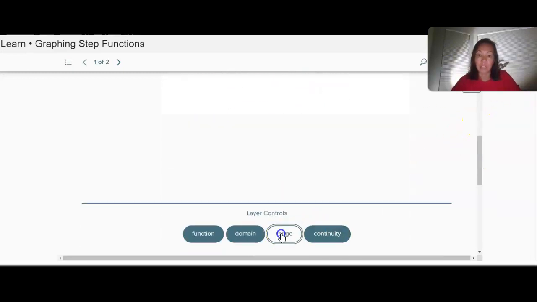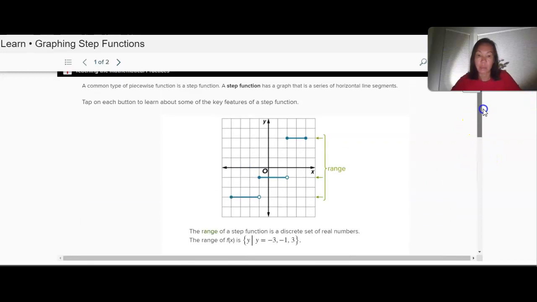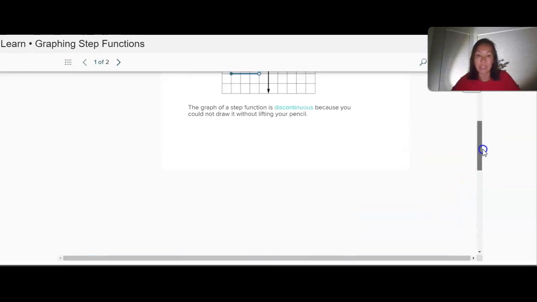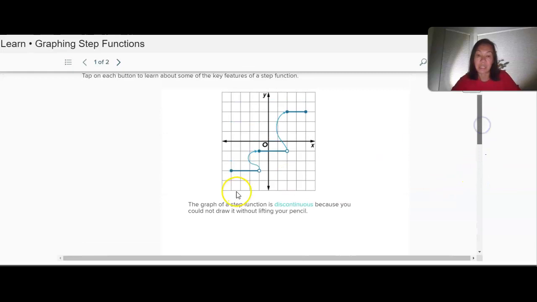The range, in this case, there's only 3 possible values for y. So the way we would say that is that y could equal -3, -1, or 3. Those are the only y values that exist in this function. And is this continuous? I think you can see that we can't draw this without lifting a pencil, so this would be discontinuous.